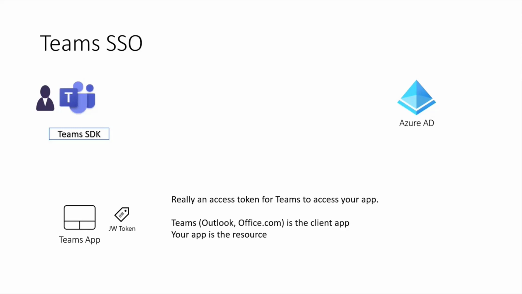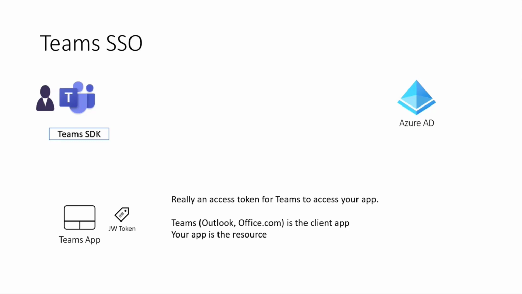Now, what has to happen in order to be able to issue that access token that's issued to Microsoft Teams to be given to your resource is we need a very specific set of application registrations. I should mention before we talk about the registration, that JSON Web Token you're getting from Teams can't just be trusted, right?